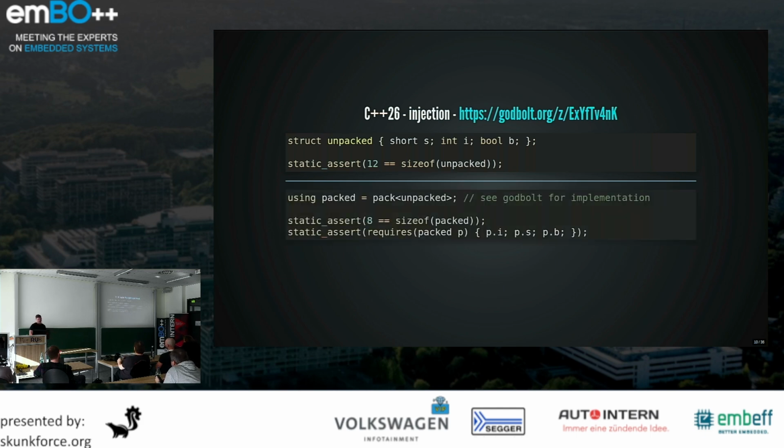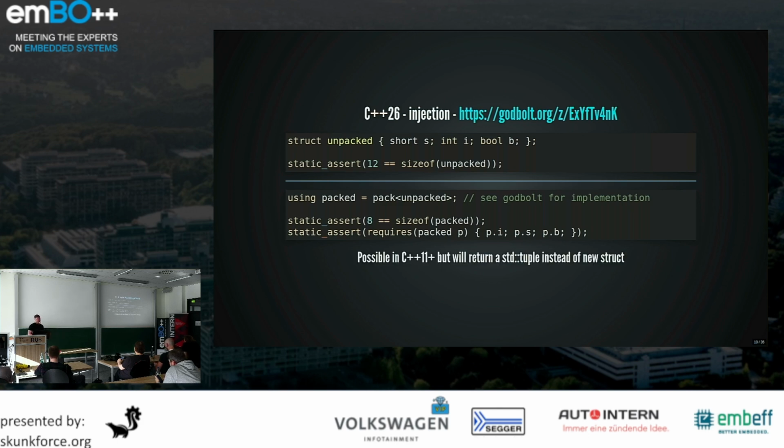So with the reflection, you can actually inject members into a struct. So you have a struct which is not defined, and you have the syntax to inject things into it. So that's pretty cool. So you can pack structs which are unpacked. But what is really cool about it, it's the last line, and the size will be 8 here, right? What is cool is that you have the same members, right? So you have the i, s, and b members in the new struct.